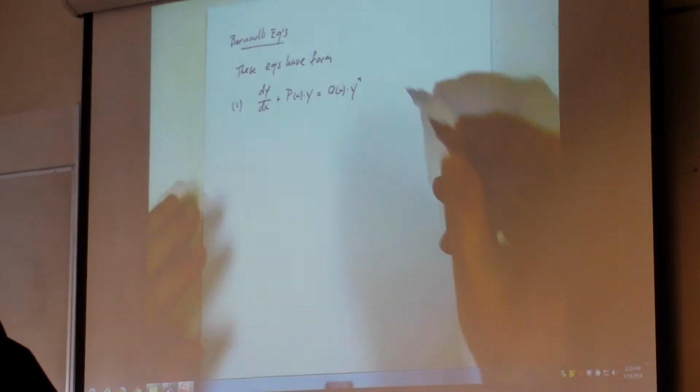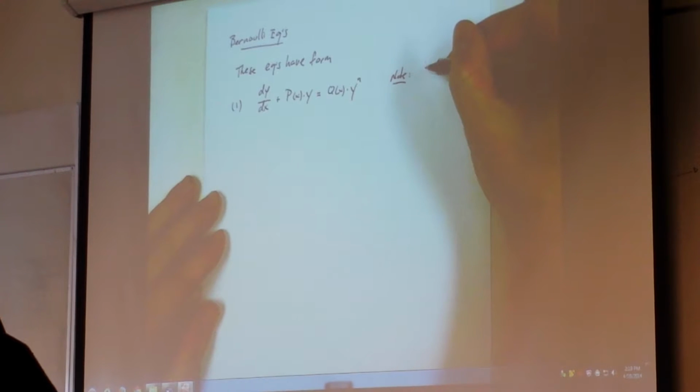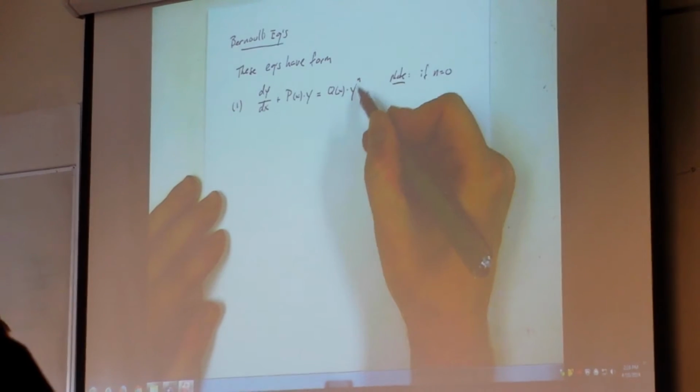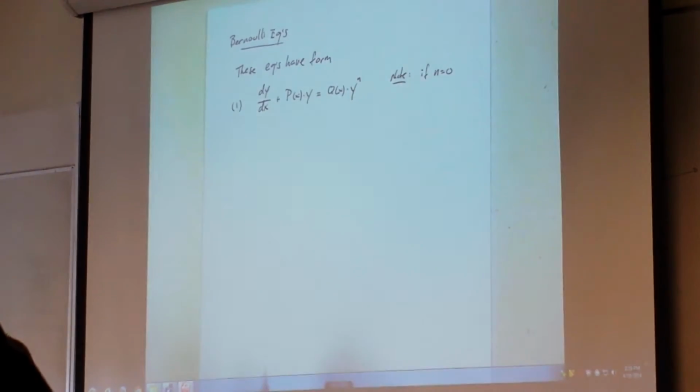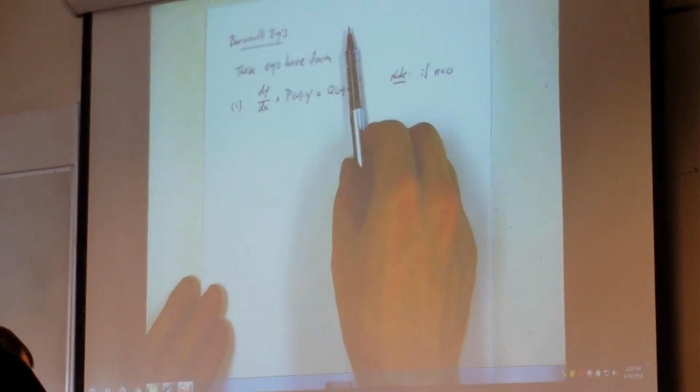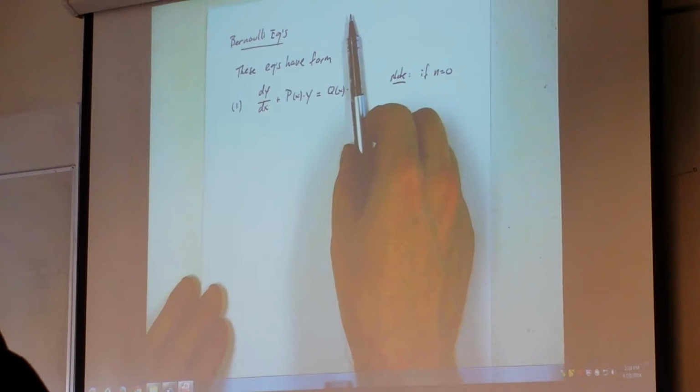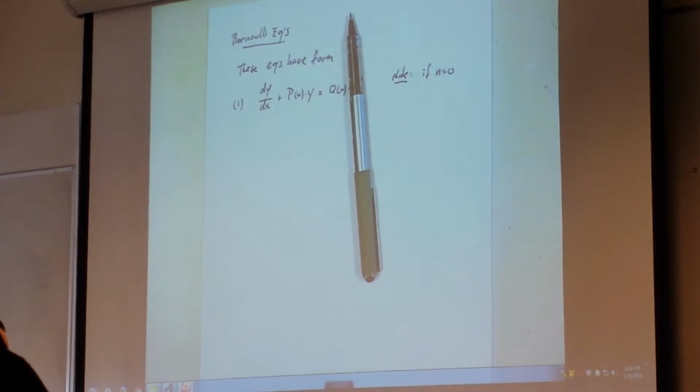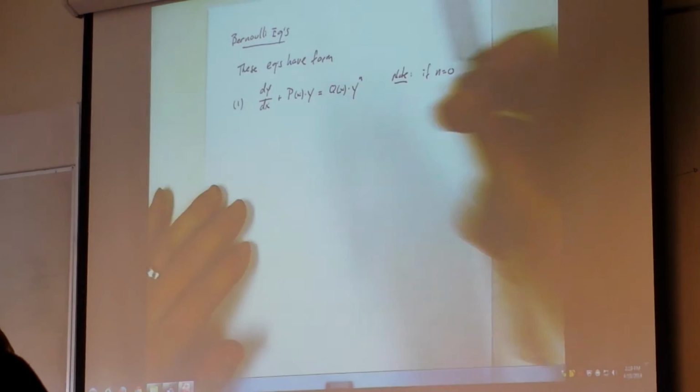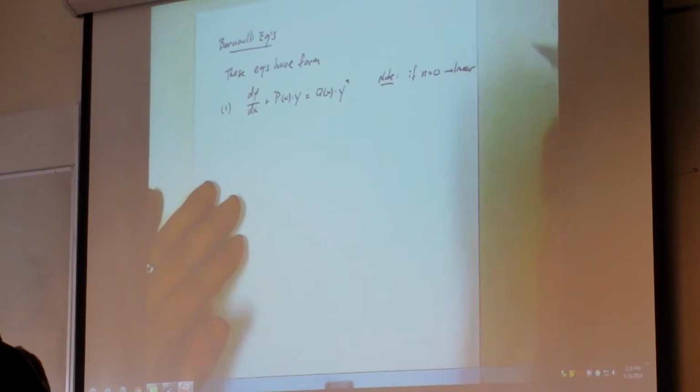Now note for a second, if n equals 0, that's the power on the y. If it's 0, then y to the 0 would just be 1, and that would just be linear. We would do it that way.